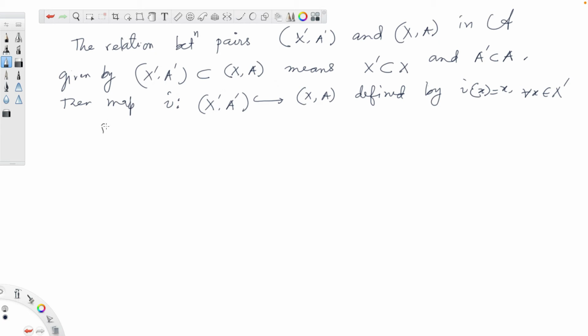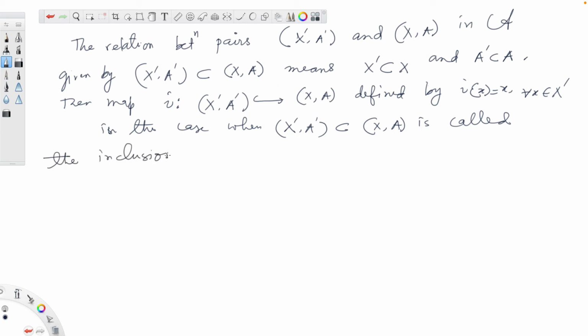In the case when X prime comma A prime is contained in the pair X comma A, this map I is called the inclusion map.